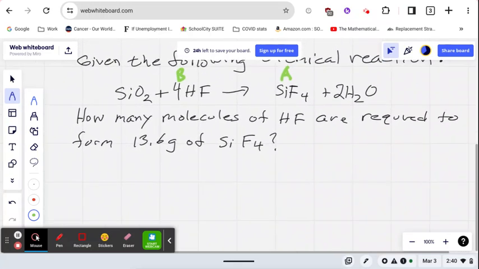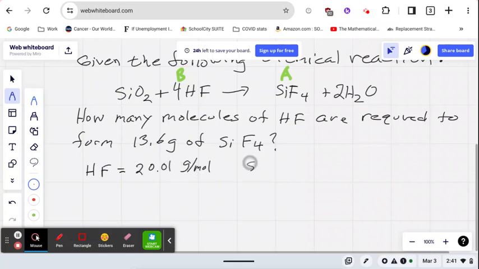All right, so let's go ahead and do this problem right here. One thing that I'm going to do right now, in the interest of time, so that while we're doing the calculation I don't have to stop, is calculate the molar mass for SiF4 and HF so that we can then go ahead and calculate it. So HF's molar mass is going to be hydrogen's 1.01 on the periodic table, fluorine is 19.0, so basically 20.01 grams per mole.